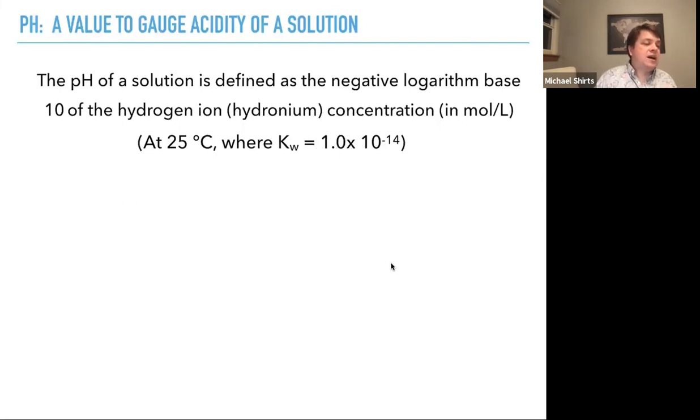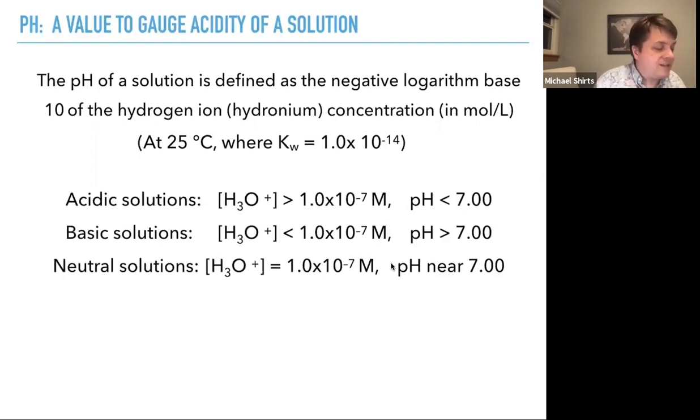So at 25 degrees C, Kw is 1.0 times 10 to the minus 14. For acidic solutions, the H3O plus concentration is above 1.0 times 10 to the minus 7 molar, which means the pH is less than 7. For basic solutions, the hydronium concentration is less than 1.0 times 10 to the minus 7th, as we just saw in the last section, and so the pH is greater than 7.